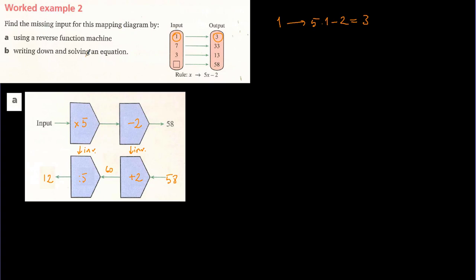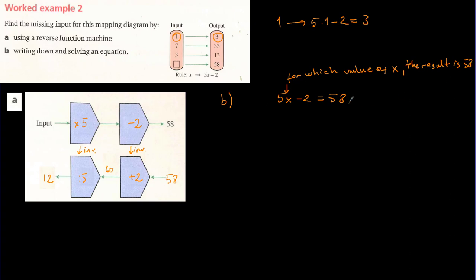Writing down, solving an equation means we are going to solve like this. This is the second method, which is B. 5x minus 2 is equal to 58. For which value of x is the result 58?